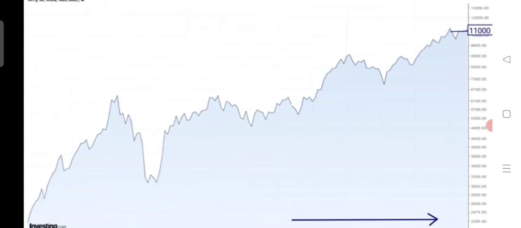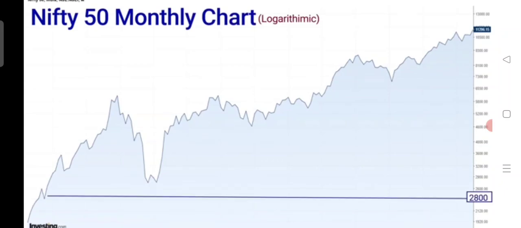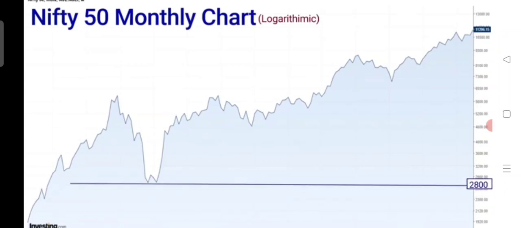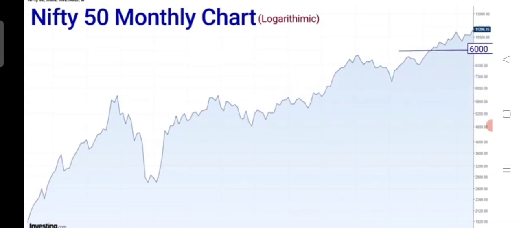Now let me switch to the logarithmic scale. So now you can see the difference. The initial movement from 2200 to 6000 is almost the index becoming 3 times, which looks quite huge. And this move from 6000 to 11,000, though the movement has been around 5,000 points, looks much smaller because the movement is just below 100% of the 6,000.